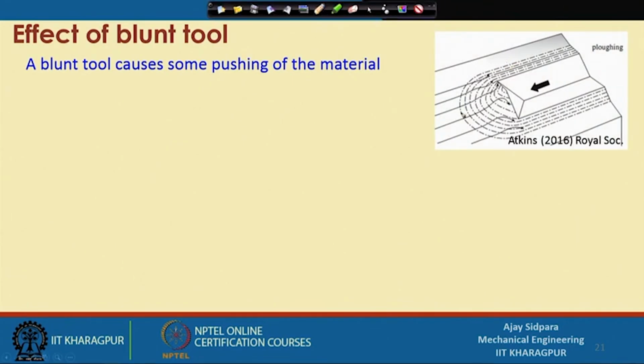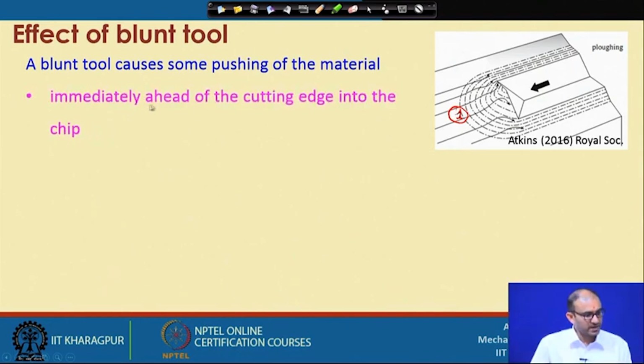So, there are different locations. Let us identify those locations first. So, this one is the one that is called immediately ahead of the cutting edge into the chip. So, now this is our chip flow.